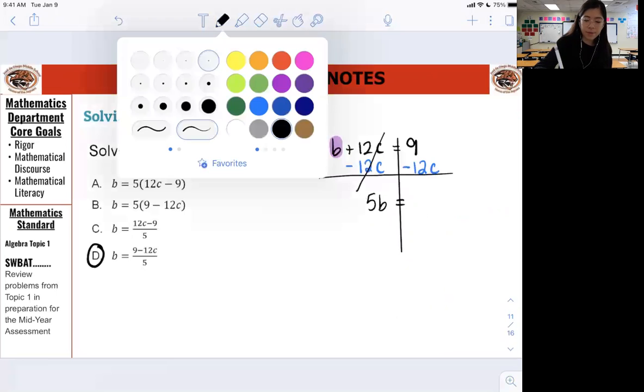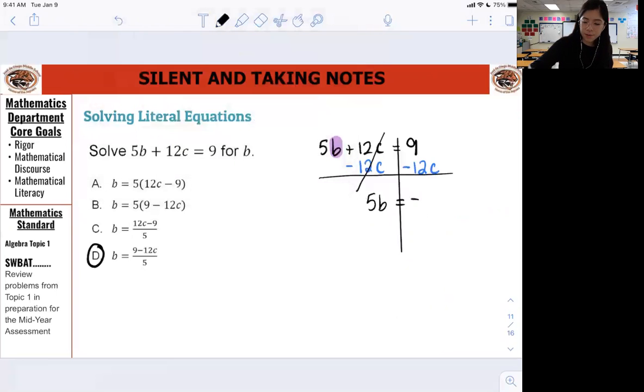Like Ajira said at first, you could also do negative 12 plus negative 12c plus 9, which is different. They wrote 12c minus 9. So they got that part wrong. So we know that it's D, not C.